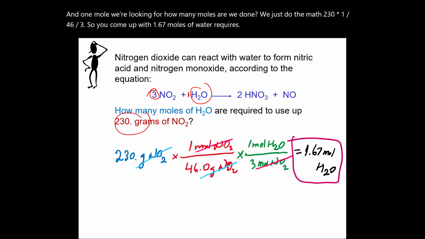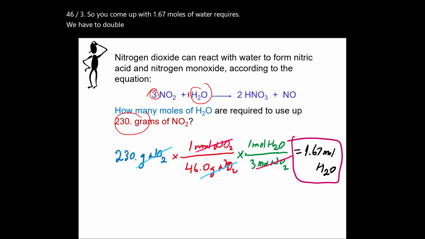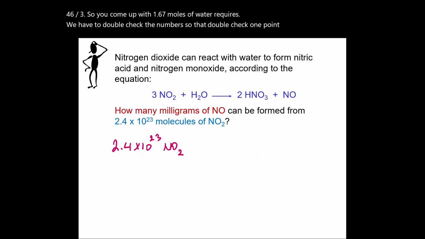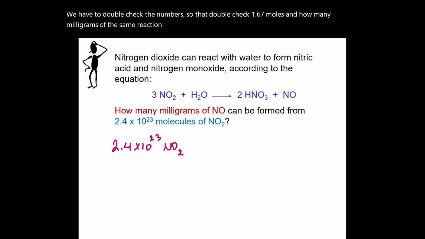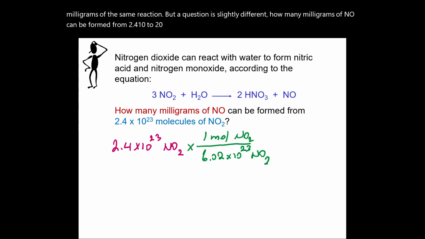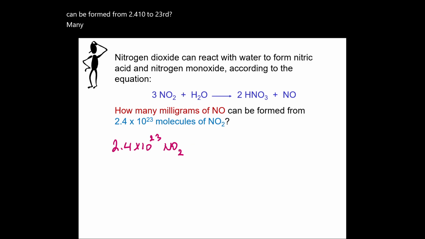Well, we have to double check the number, so double check 1.67 moles. And how many milligrams in the same reaction, but the question is slightly different. How many milligrams of NO can be formed from 2.4 times 10 to the 23rd molecules of NO2?